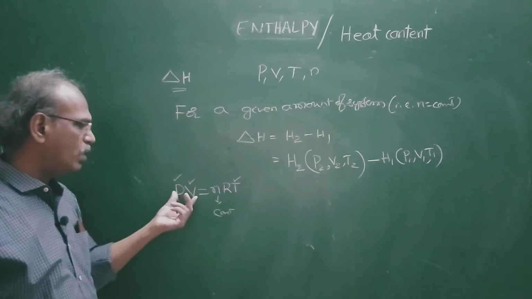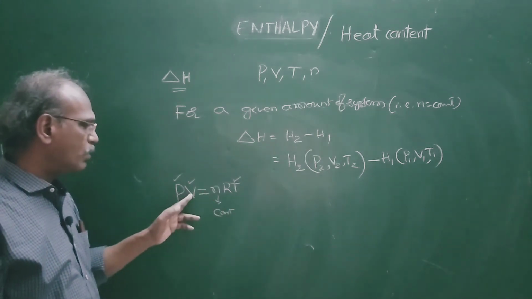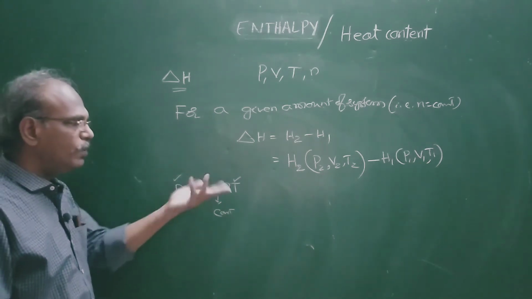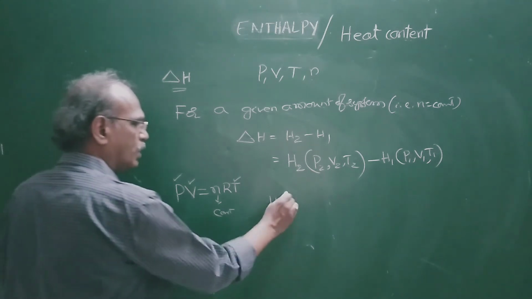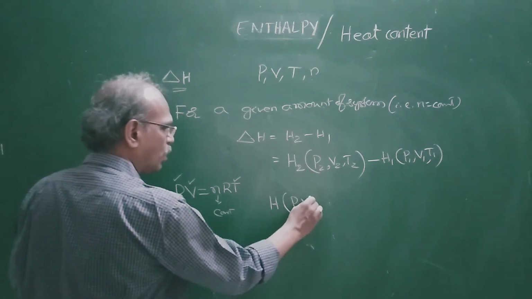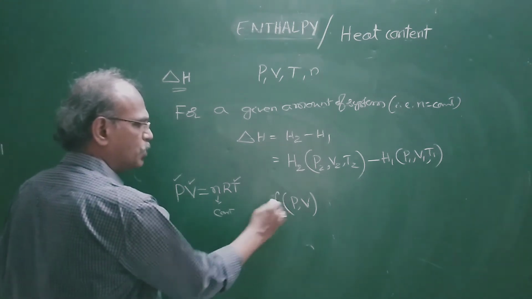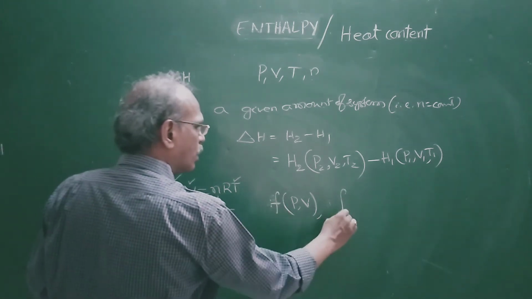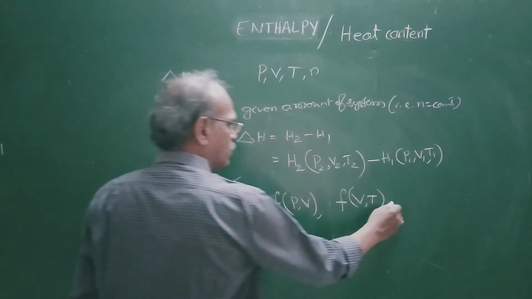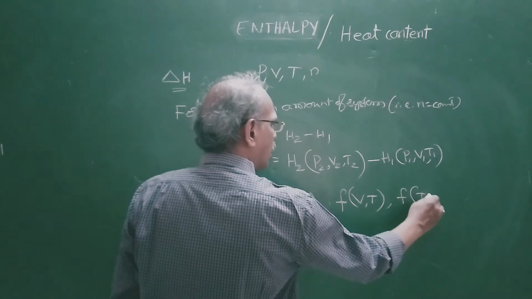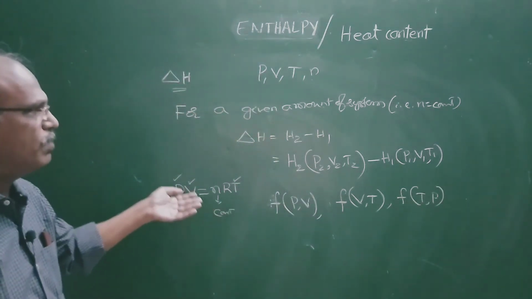If pressure and volume are known, temperature is fixed. If temperature and volume are known, pressure is fixed. So you can express H in terms of two variables: as a function of P and V, or of V and T, or of T and P. You can express it in different ways.